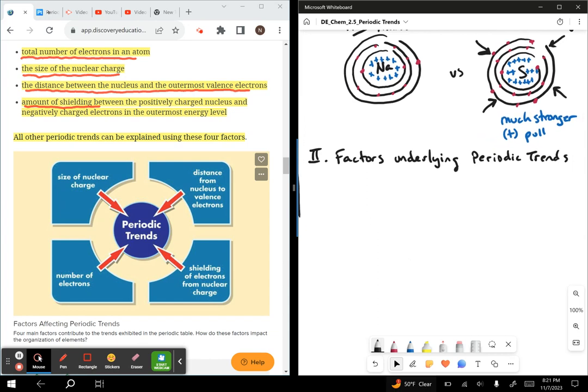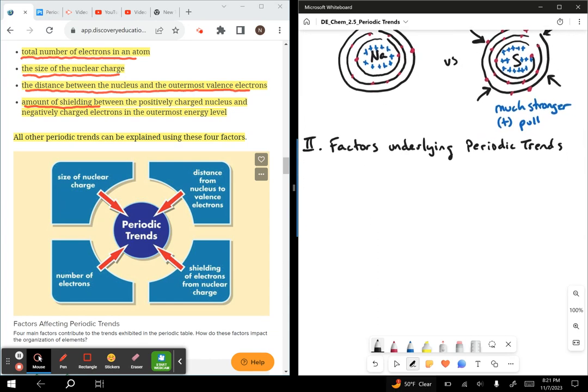So factors underlying periodic trends. Periodic trends can be explained by the following things.